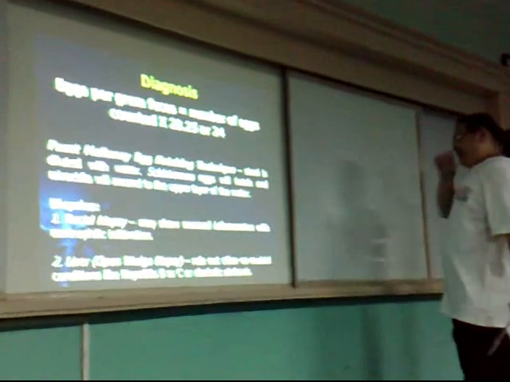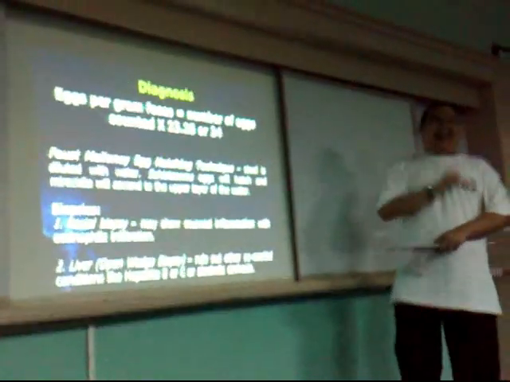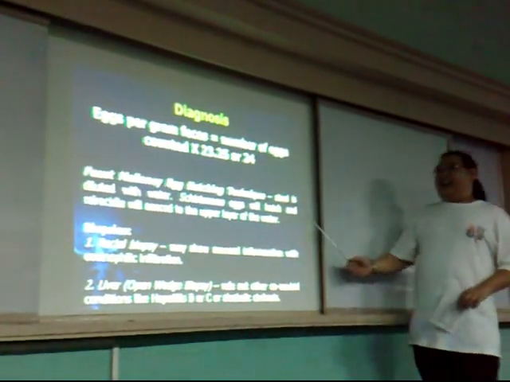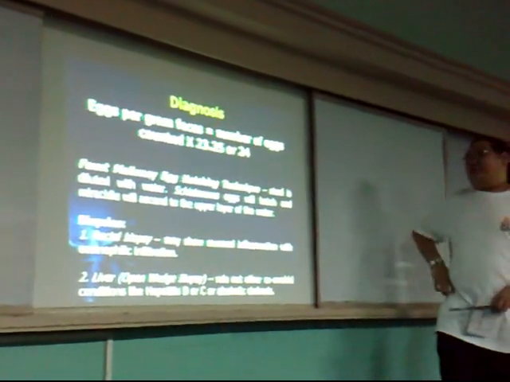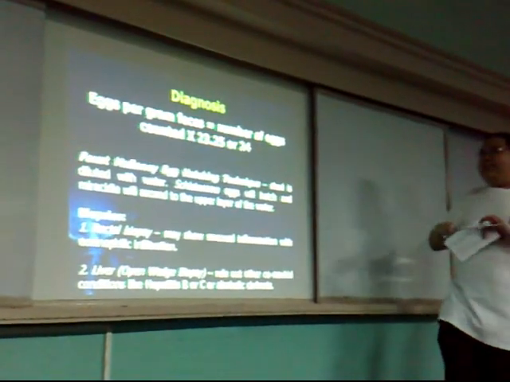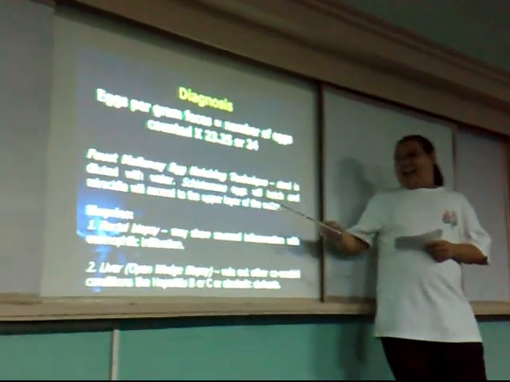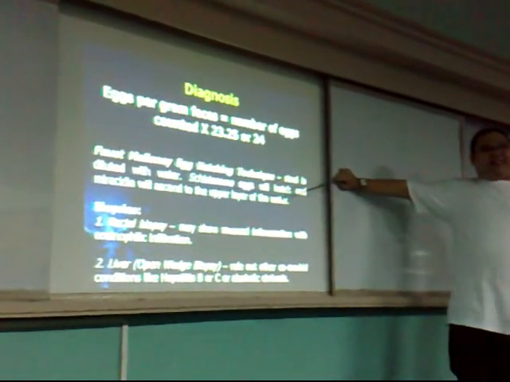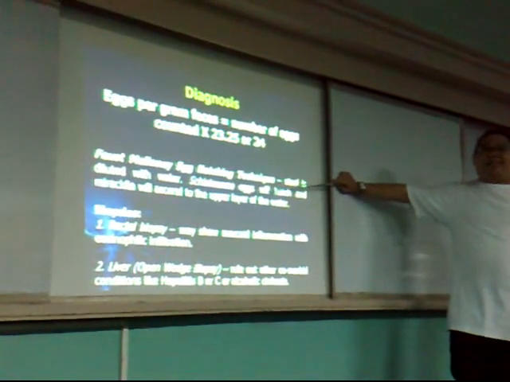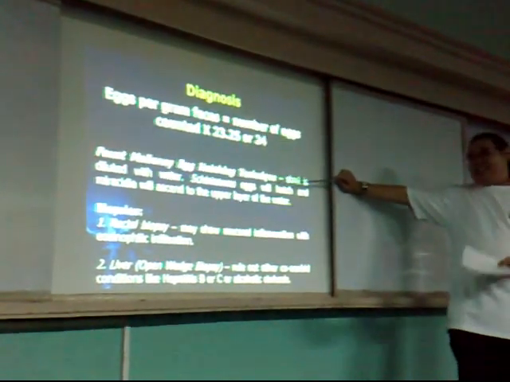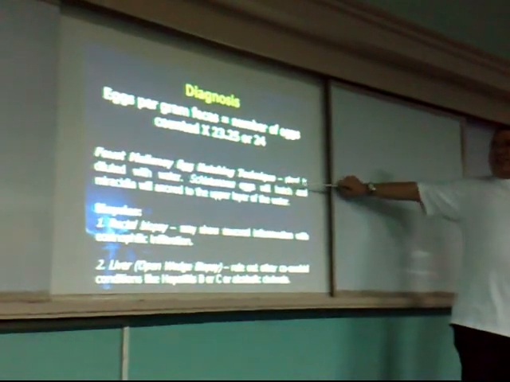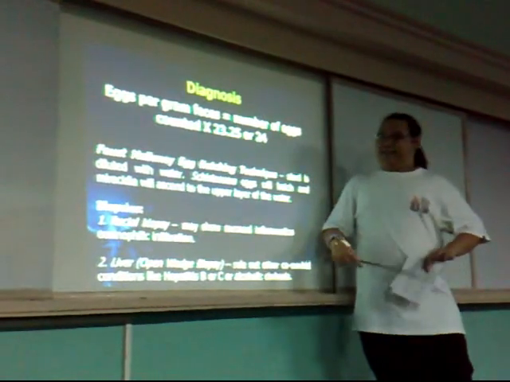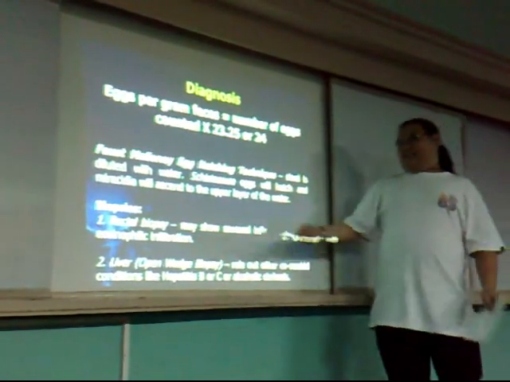Other techniques: you can also use the Pons-Malone egg hatching technique. You will use diluted feces in distilled water so that you can hatch the schistosoma eggs and transform them into miracidia, which you can observe macroscopically. You can use a watch glass or something similar to diagnose this disease. Obviously, in other techniques, you can also use biopsies, for example, rectal biopsy.